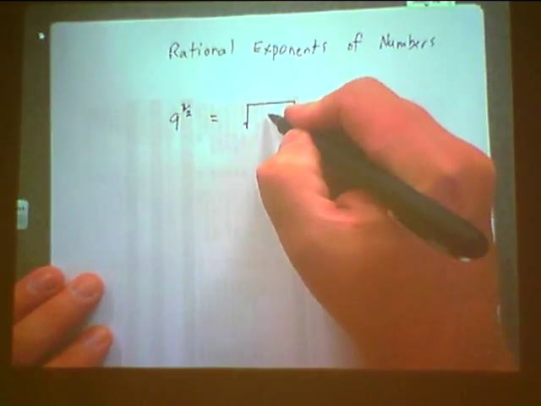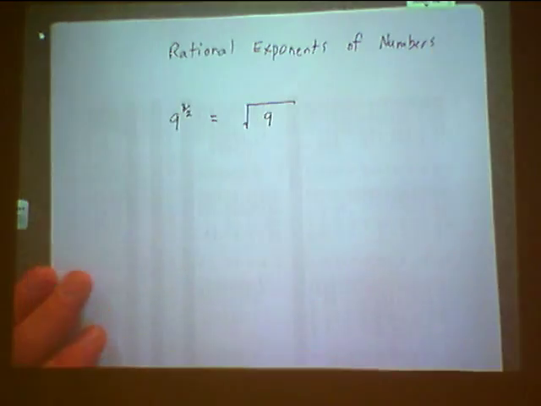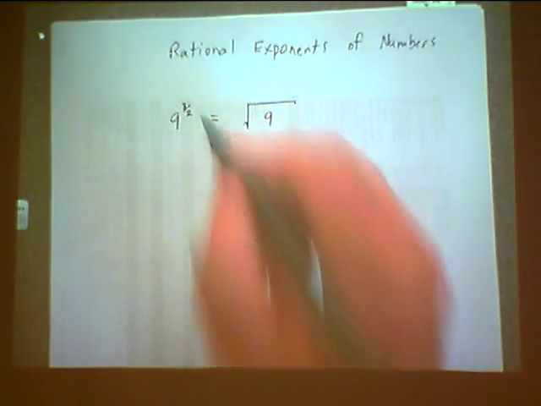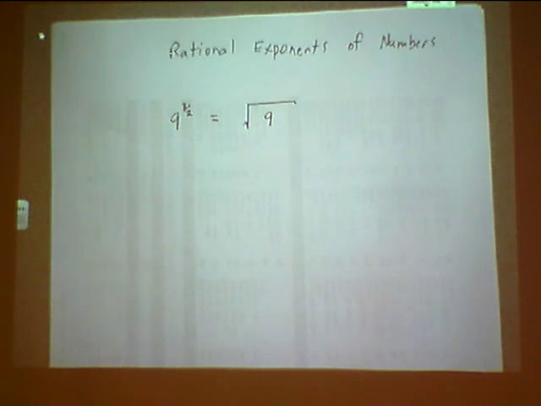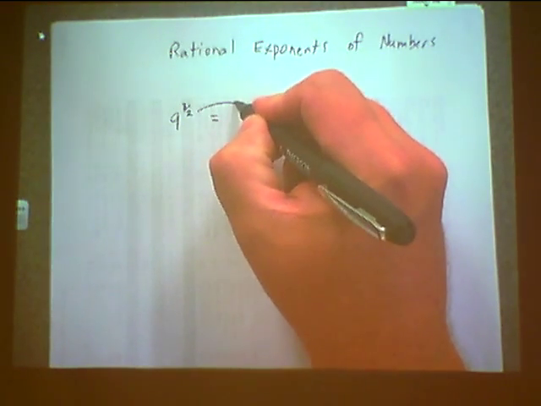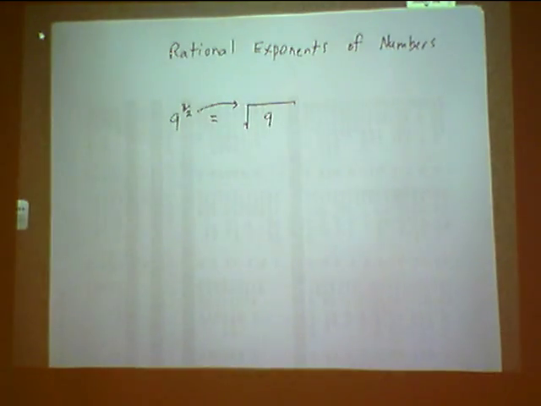My base 9, of course, goes underneath the radical. And now I have to look at my rational exponent. If you recall, the denominator of this exponent becomes the root of my radical. So the 2 goes there.